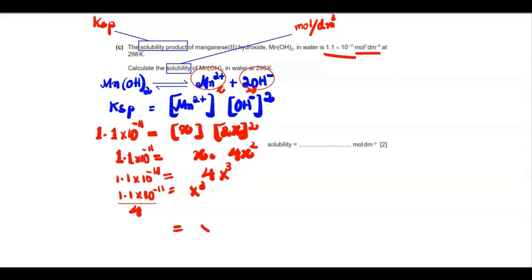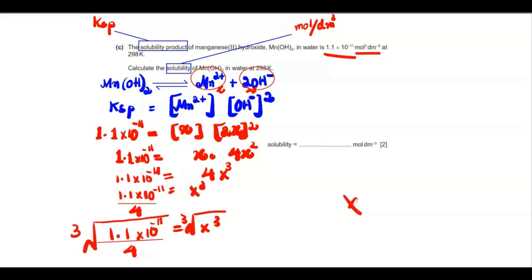By taking the cube root of both sides, you will get the value of x, which is 1.4 into 10 raised to power minus 4.